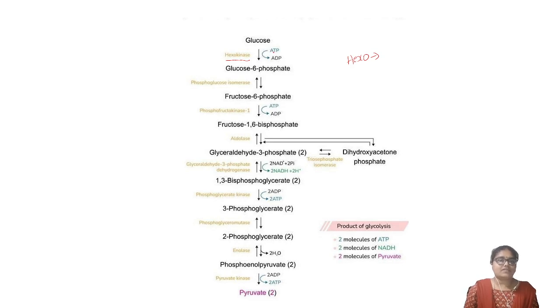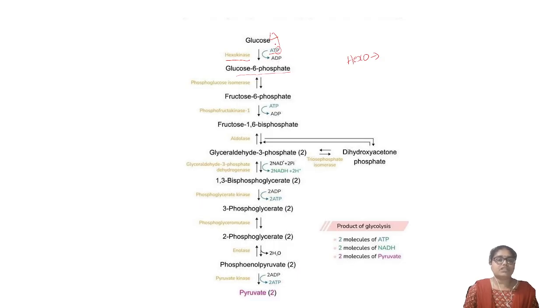Here the high energy molecule is ATP. From the ATP, the phosphate group is attached to the glucose molecule to form glucose 6-phosphate. Hence the enzyme name is hexokinase, and the reaction is phosphorylation of glucose.